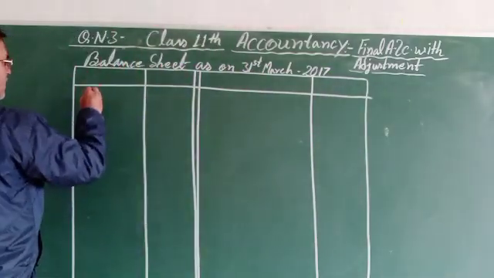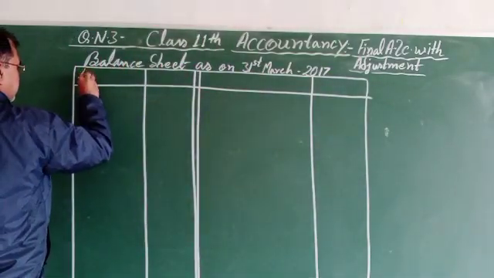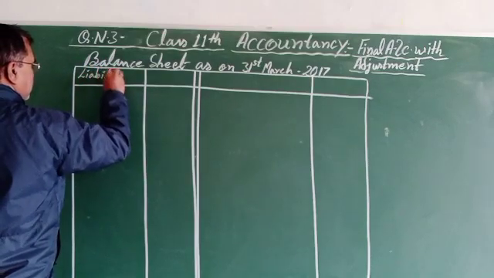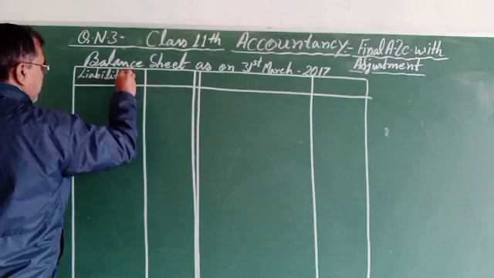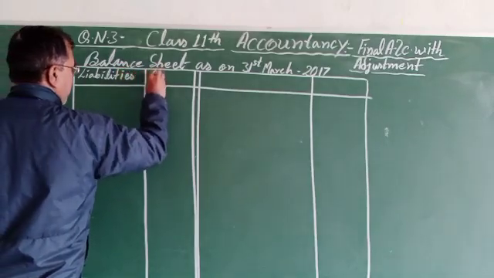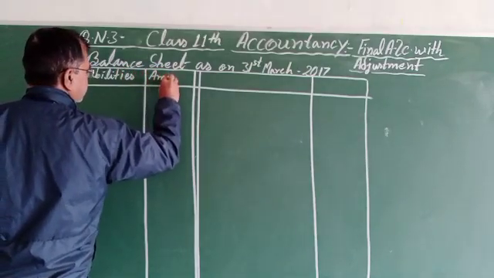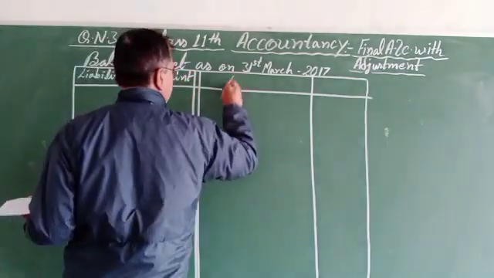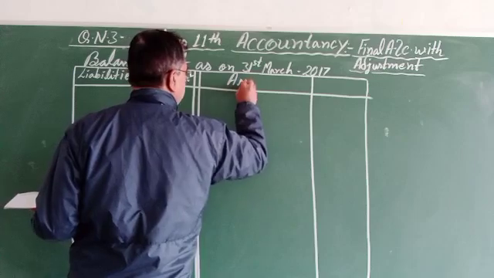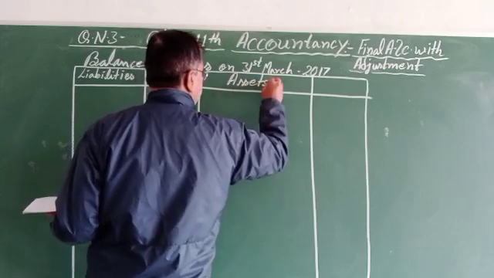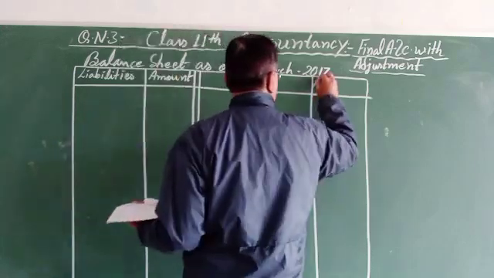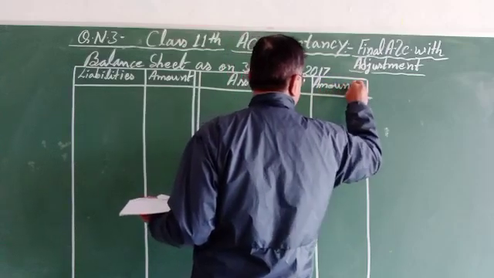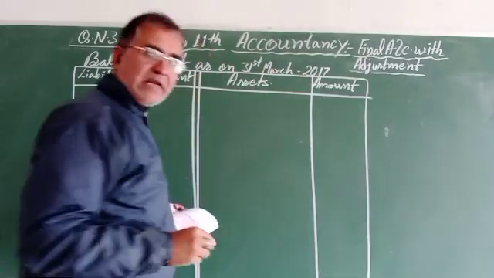This one is the column of liabilities, with amount, and this one is assets, with amount. There is no debit and credit in the balance sheet.